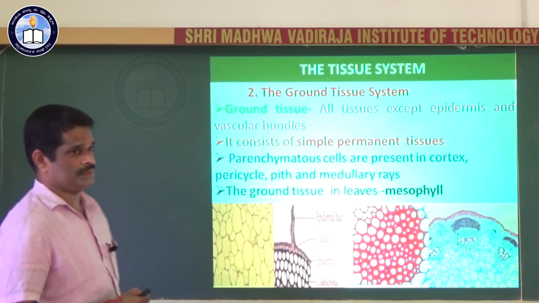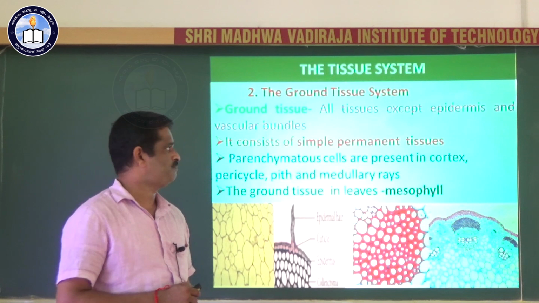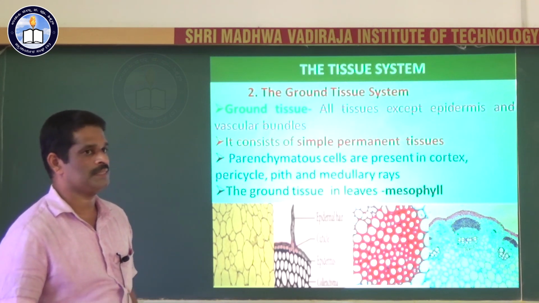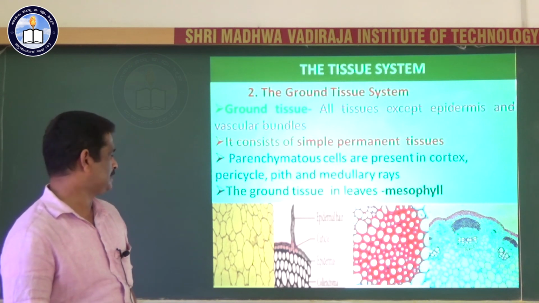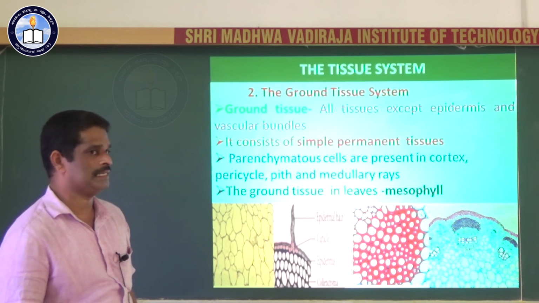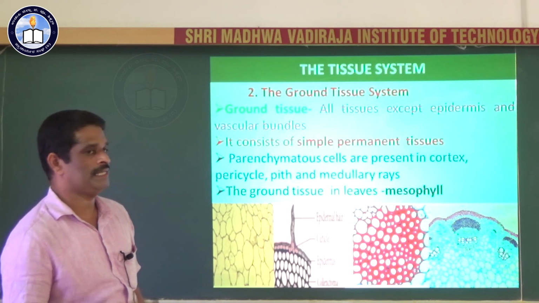The ground tissue is made up of simple permanent tissues. We have already come across three types of simple permanent tissue: the parenchyma, the collenchyma and the sclerenchyma.